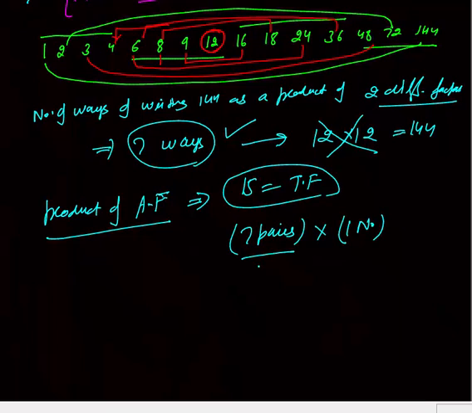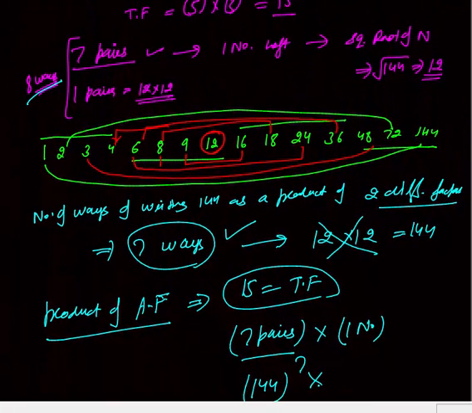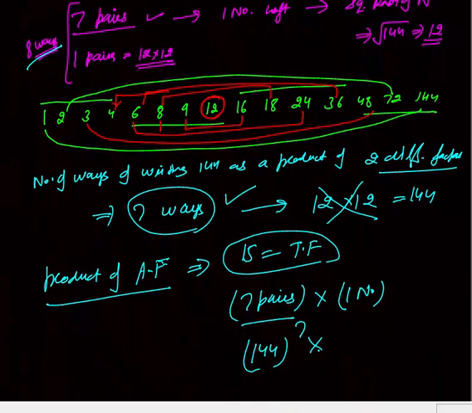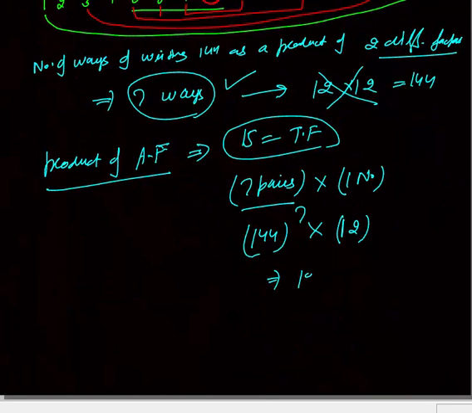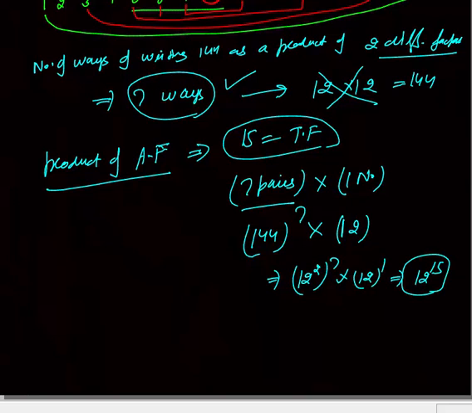Each pair's product will be 144, so 144 power 7, because each pair makes 144. And the one number left, I told you, will be the square root, that is 12. So the answer is 12 power 2 into 7 into 12 power 1. So 12 power 15 will be the product of all factors of 144.